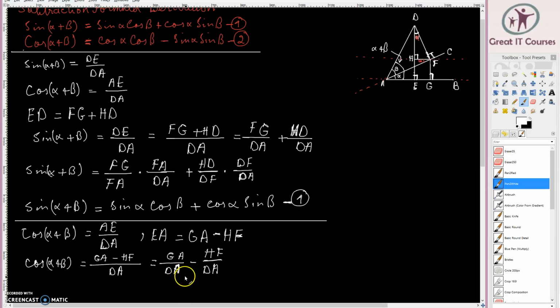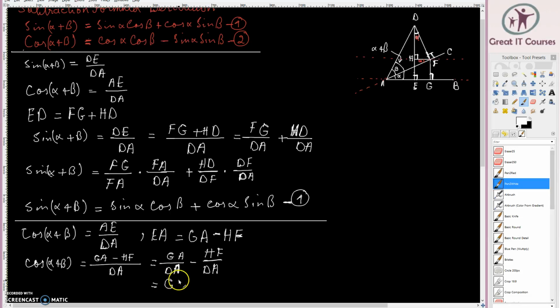Okay. So now basically what you can do, you can basically write this as, you can divide and multiply by AF here.